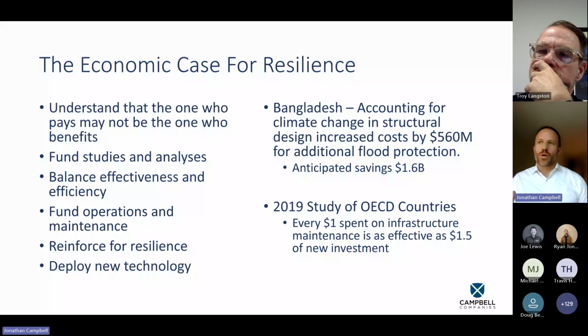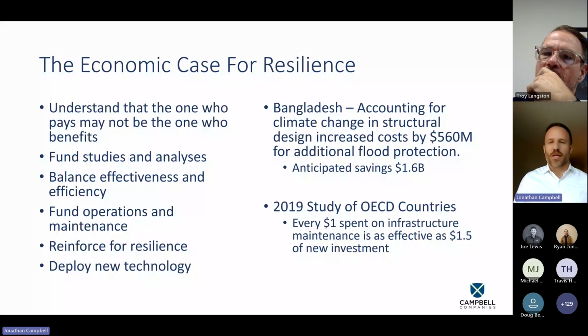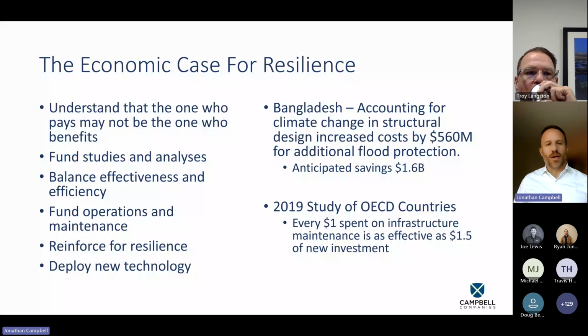And this 2019 OECD study, of which the U.S. is a part, found that for every dollar spent on infrastructure maintenance, that's as effective as $1.50 of new investment. So it's pretty interesting when we look at how we allocate funds or how we look at budgets. It's important for us to communicate that to the people who do make those decisions.